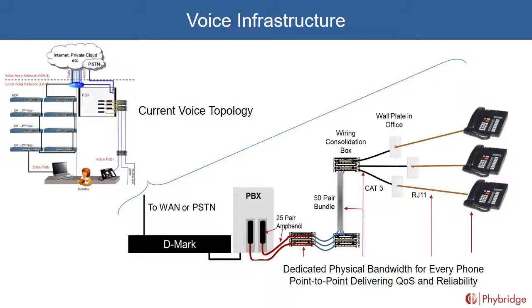We've got our crossover cable, as we can see, our riser cable, which is that 50-pair bundle. It could be many more pairs. Then we've got our consolidating block. It runs out. There's that wall plate that has a RJ11 cable that's plugging into that digital phone. Dedicated physical bandwidth for every single phone, delivering the reliability, as I said before, that we've all become accustomed to.